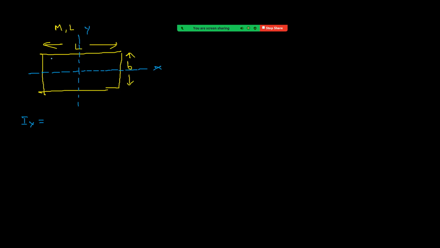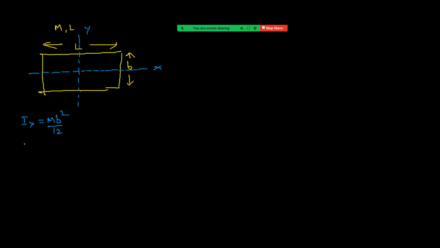Then this axis is passing through the center of the rod and normal to the length of the rod. So this can be taken as m b square by 12, right?